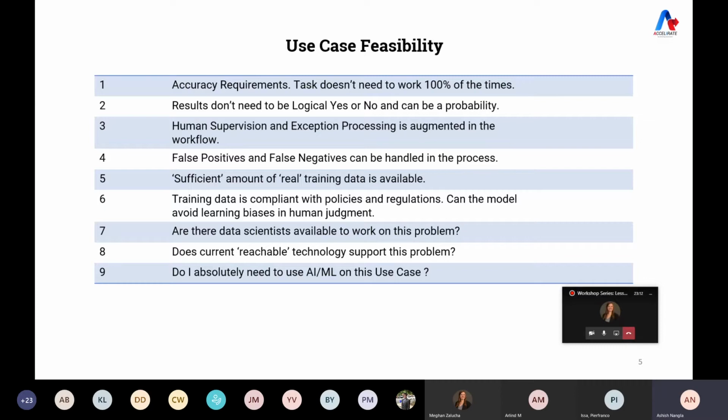Another thing about training data is to make sure it is compliant with your policies. One of the debates that is happening in the industry is that AI models are biased for certain conditions, certain genders, and certain races.